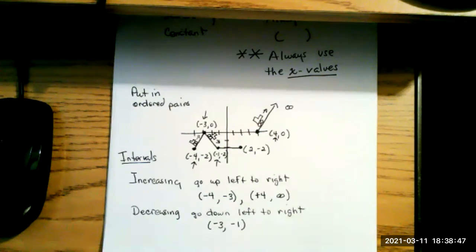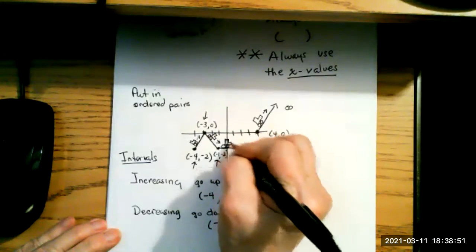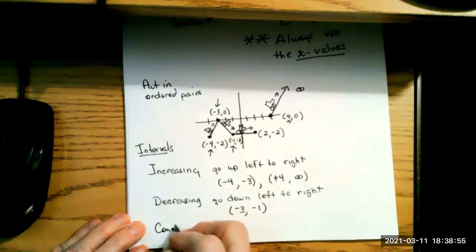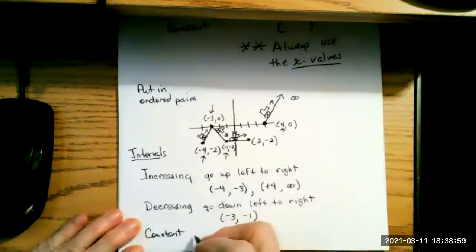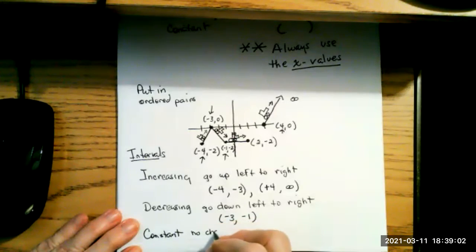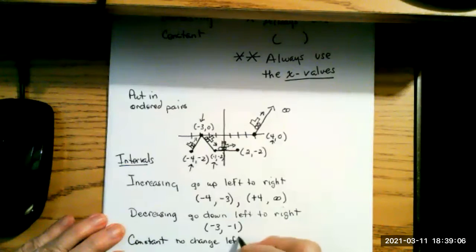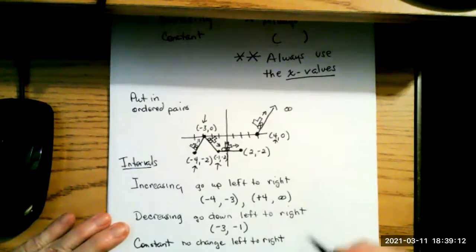Constant. When you go straight across, left to right, that is called constant. There's no change. All right, so again, remember it's x values.